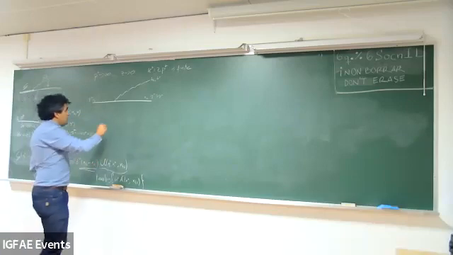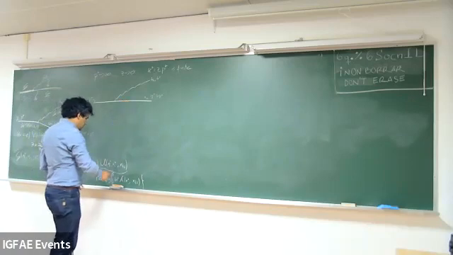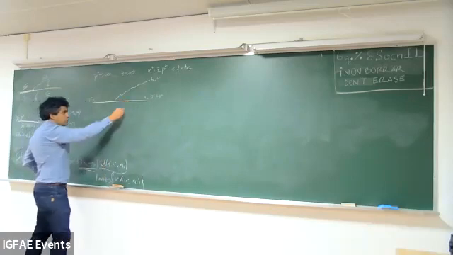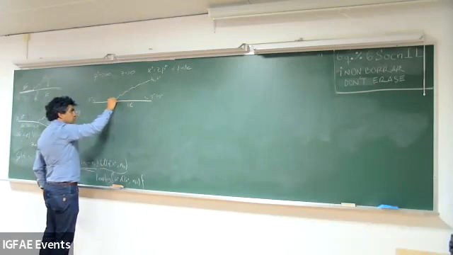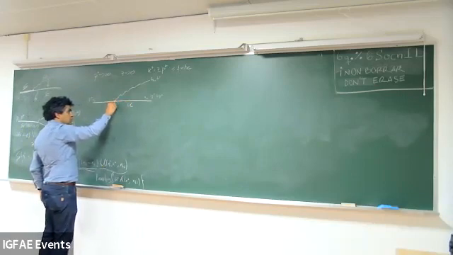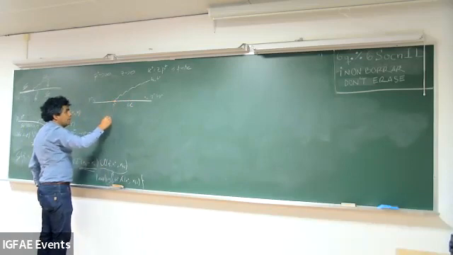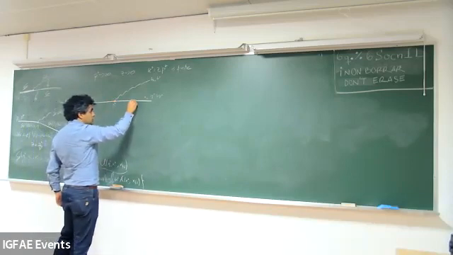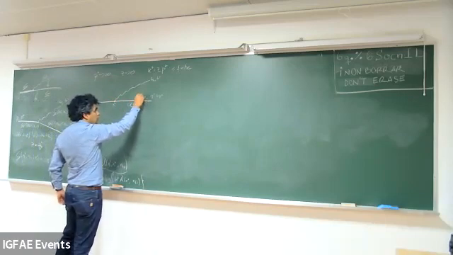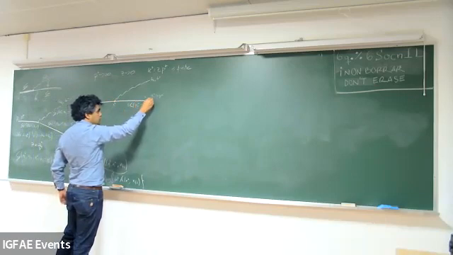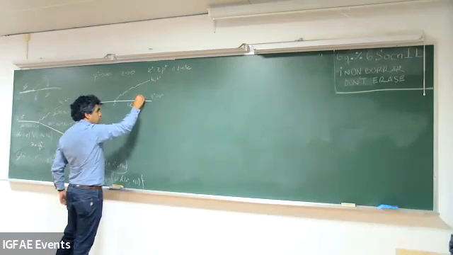And I will have Wilson lines. I will have these Wilson lines on this leg. If I call this x1 plus, and this u, let me put some final coordinate x2 plus here at the end.